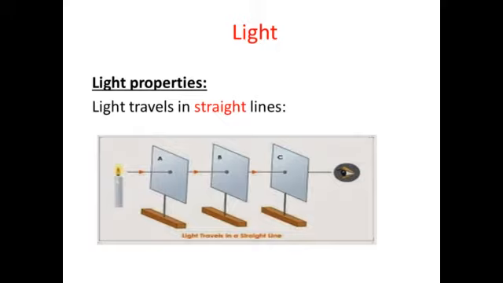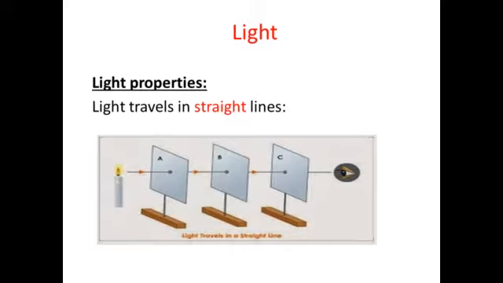Arrange them in a line, and behind them put the candle, then observe the light of the candle through the holes. You will observe that you can see the light of the candle.